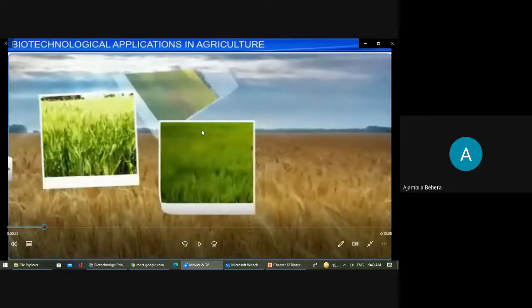Can anybody tell me which type of agriculture most of the people in the world follow? Yes, Madhusmita, can you tell? It is agrochemical based agriculture.